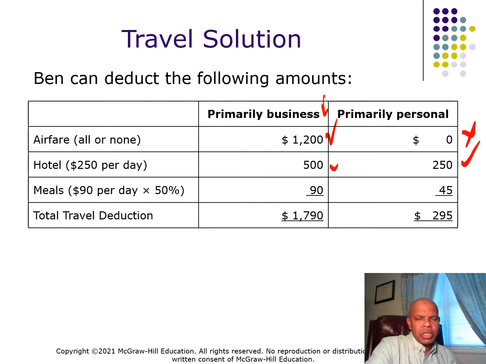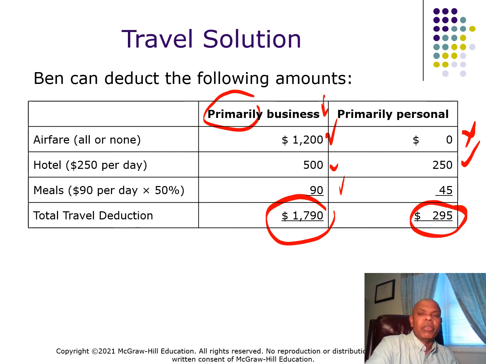Since business is only 2 days, $270 is $90 a day, times 2 is $180, 50% of that gives me $90. So if it's primarily business, he can deduct $1,790. But if it's primarily personal, he can deduct only $295. You can see how they allocate. Only one day here, right? And then $45 for the meal, so just one day.